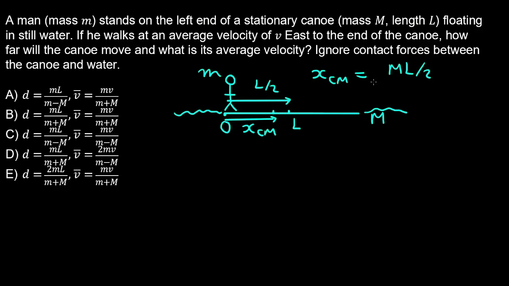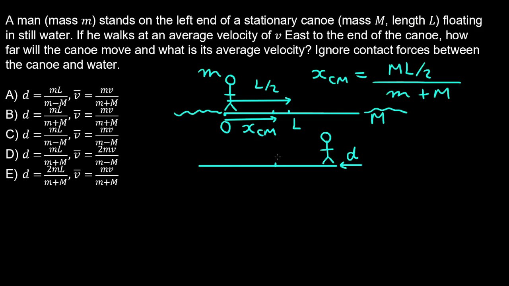So to get the center of mass, we just divide mL on 2 by the mass of the person plus the mass of the canoe. So now if the person walks to the other side of the canoe, this canoe will move to the left by some distance d, because this center of mass will not move.